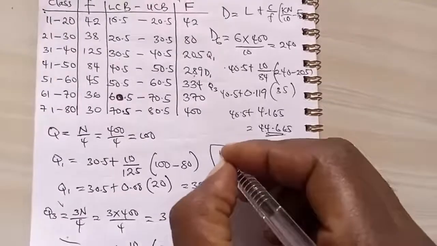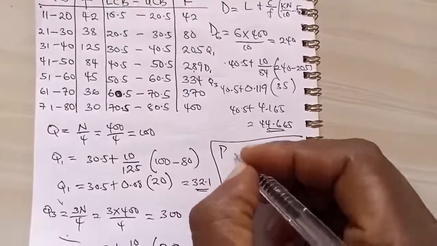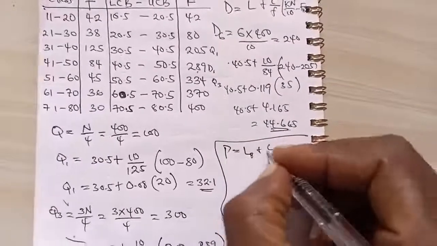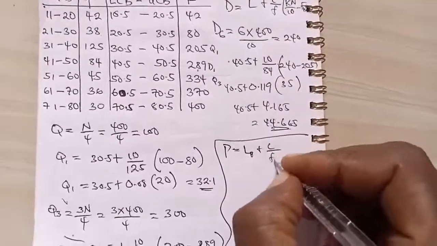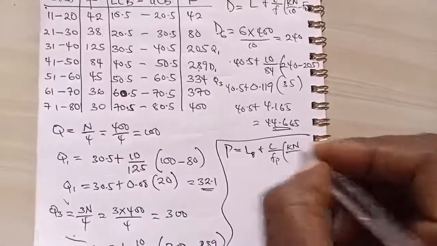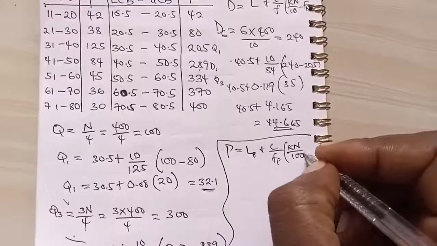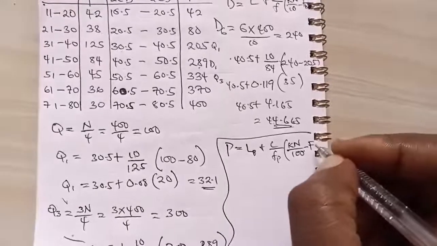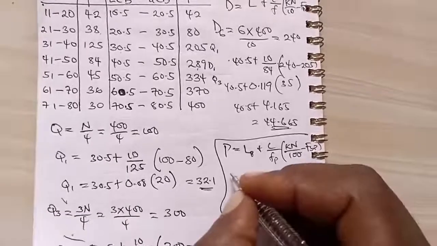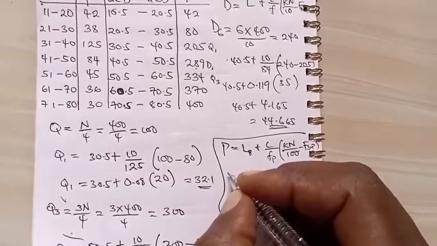And remember, whenever you get your answer, the next is the percentile. The percentile is the lower class boundary of that percentile class plus class interval over the frequency of that percentile class, times k, the percentile you're looking for, n over 100, minus the cumulative frequency of the class before that percentile class. So let's find the 90th percentile.